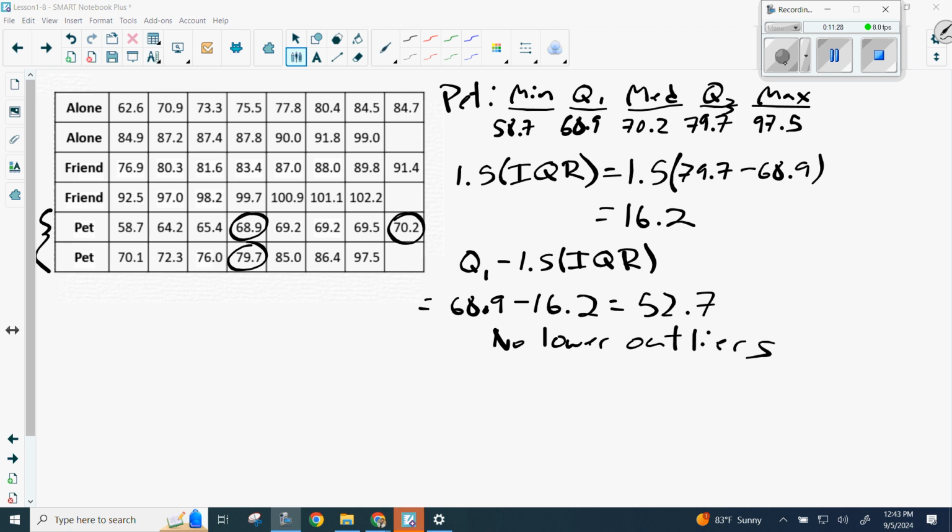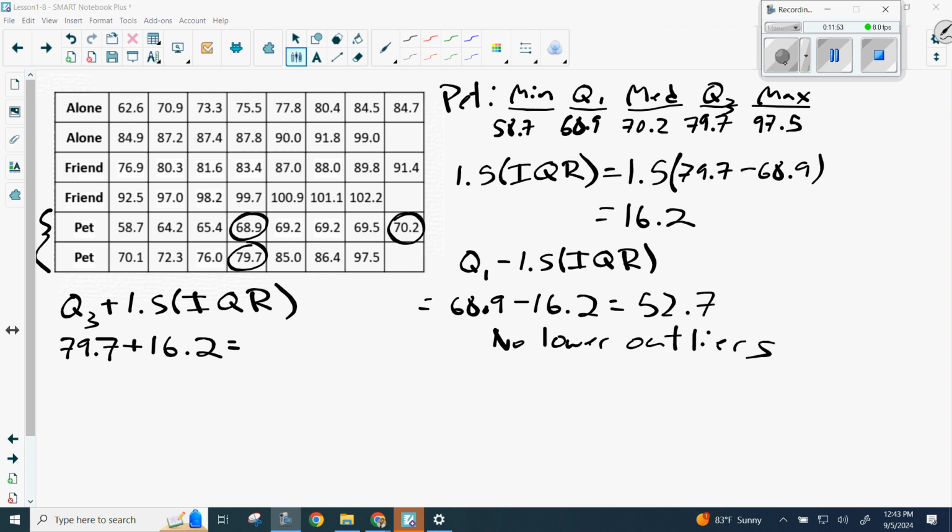Let's see if there are any upper outliers by adding that value of 1.5 times our interquartile range to quartile 3. Quartile 3 is 79.7. And we've already calculated that value. It is 16.2. And let's go ahead and see what that sum is.